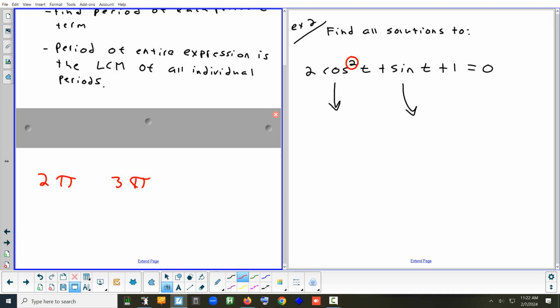What's the least common multiple of 2 pi and 3 pi? 6 pi. Yeah, the least common multiple can't be any smaller than these individual numbers. So the least common multiple there is 6 pi.